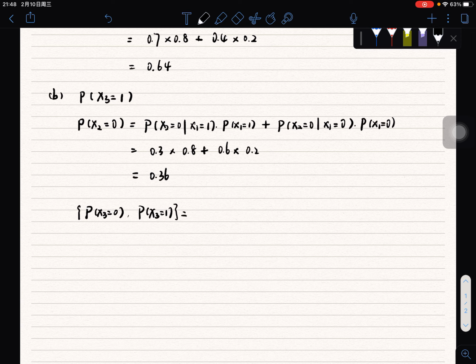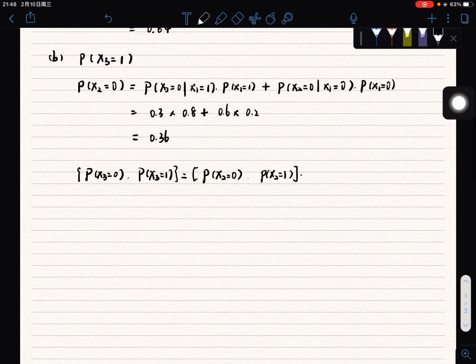We can get it equals the probability of x2 equals 0 and the probability of x2 equals 1, and here we will use a matrix multiplication method.